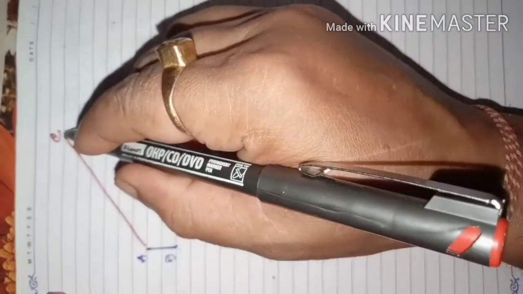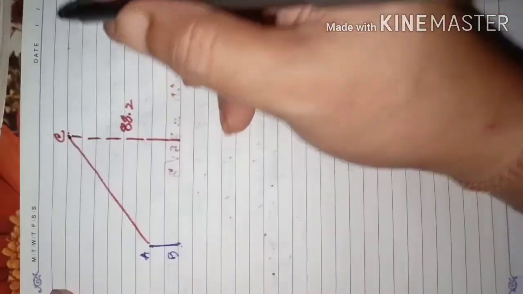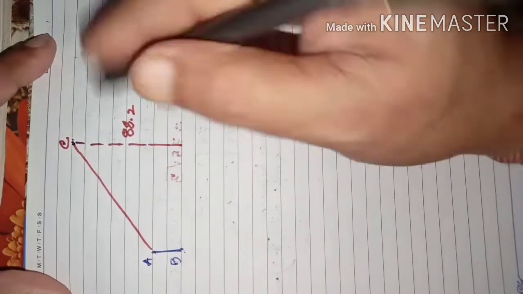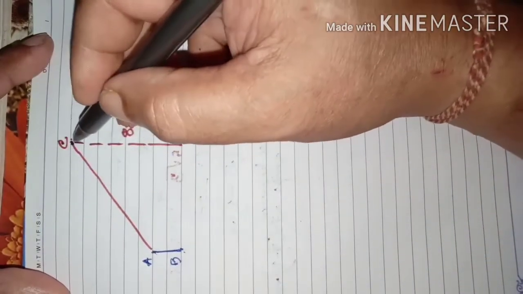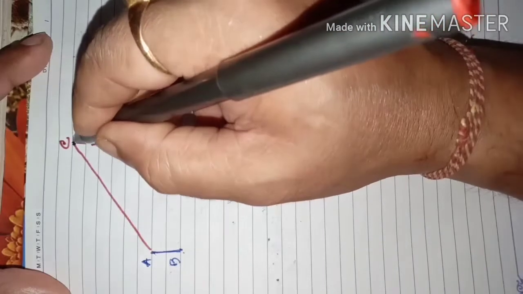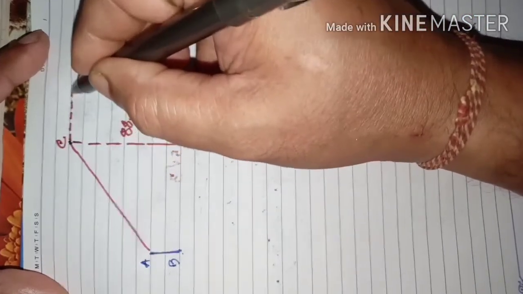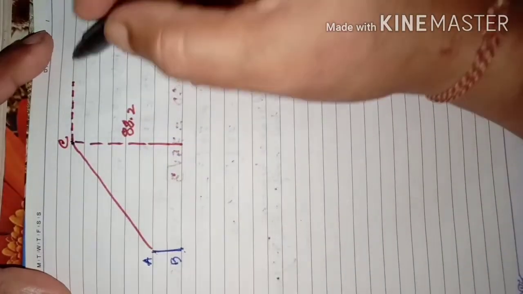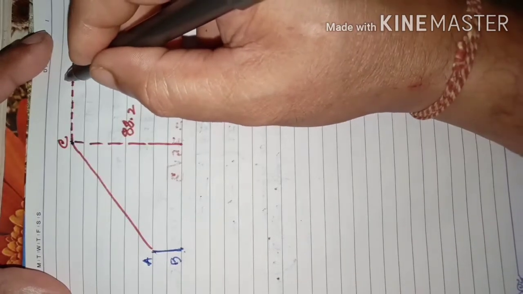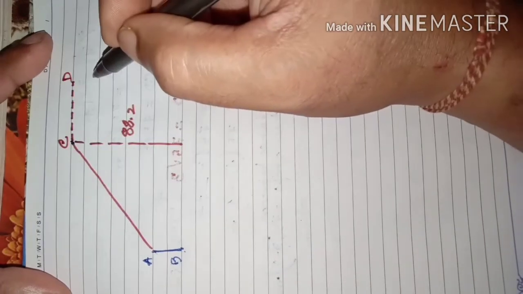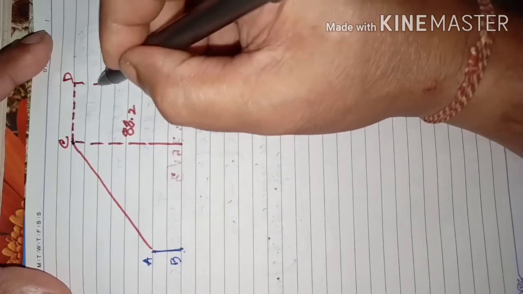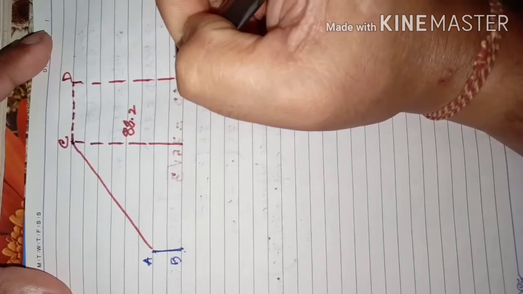But the balloon is moving horizontally, without going higher or lower, going forward. So after some time it is spotted here at D, suppose. That time also the height from the ground is 88.2 only.